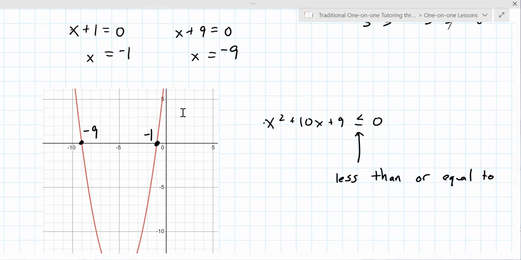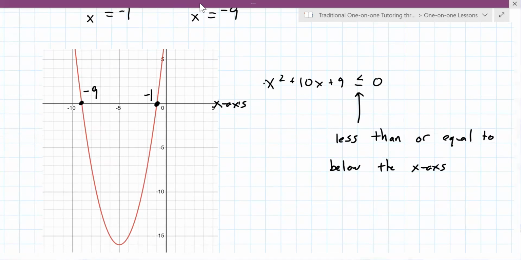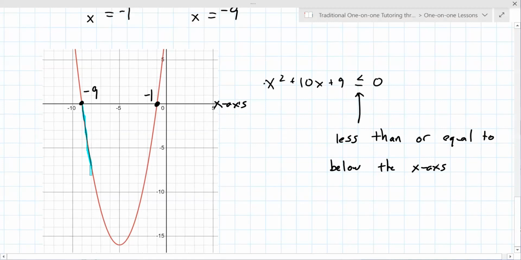Okay. So when it says less than or equal to, here's what you're looking for: below the x-axis. Here is the x-axis right here. Do you see that the part that I'm about to trace in blue is below the x-axis?